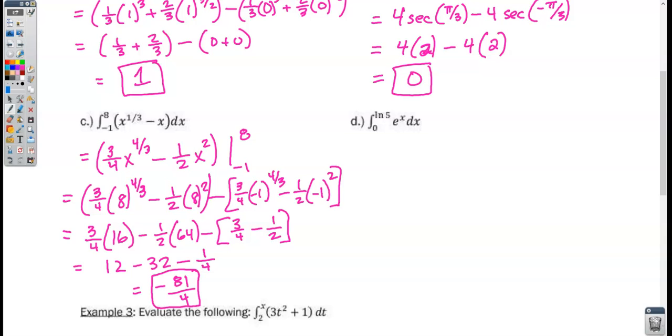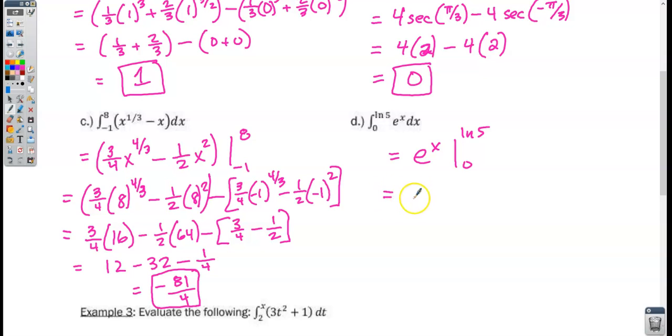Okay, on to example part D, the integral from 0 to the natural log of 5 of e to the x dx. So we're going to take the antiderivative. What, when we take the derivative of it, gives us e to the x, and the answer to that is e to the x.